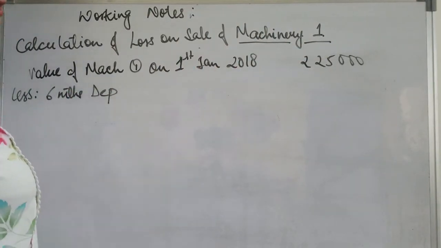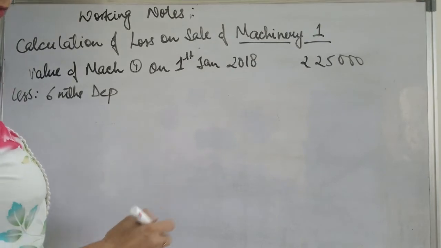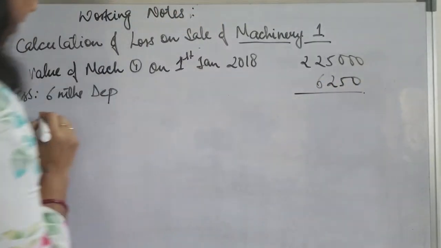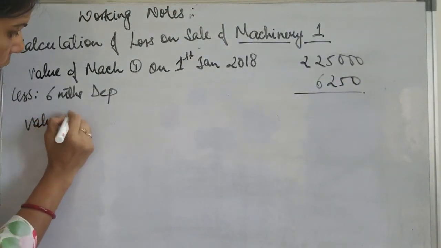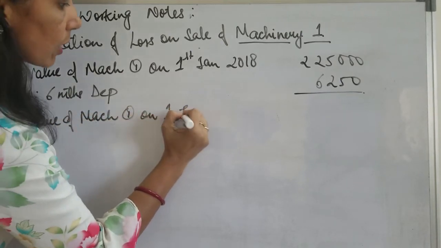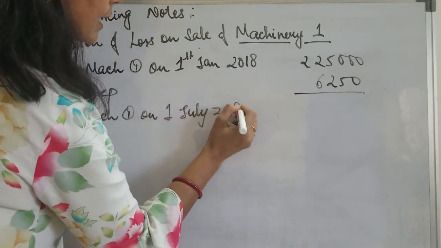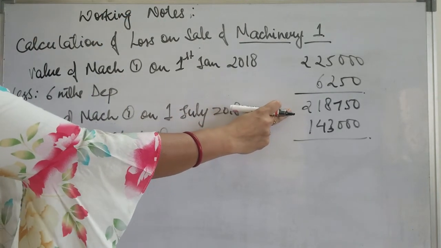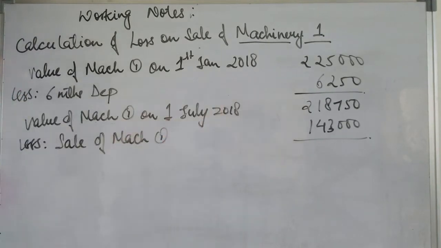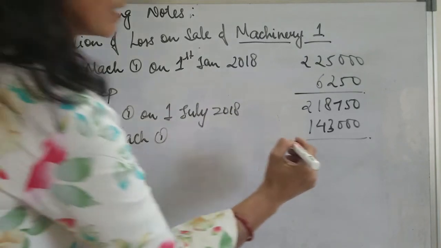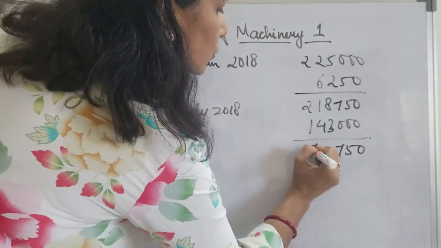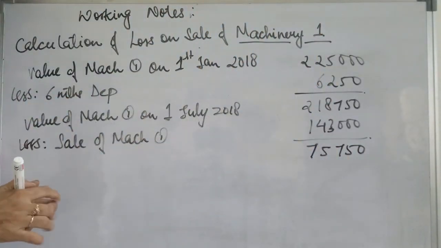So 6 months depreciation, half of 12,500, comes to 6,250, right? Now the value of machinery 1 on 1st July 2018, date of sale of machine, was rupees 2,18,750, but it was sold for 1,43,000. So now the loss on sale of machinery is 75,750.